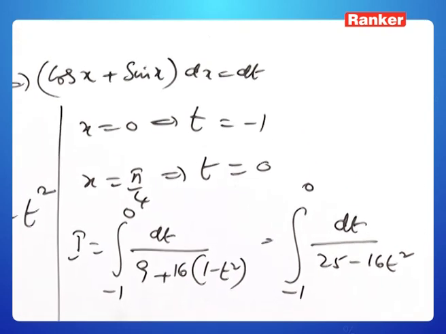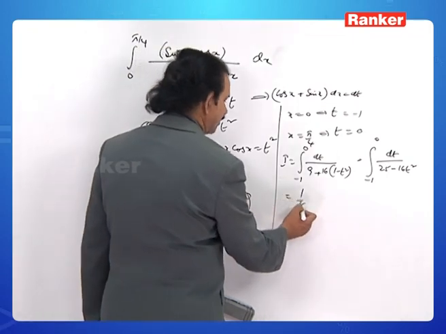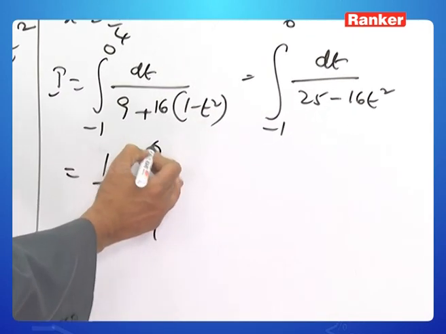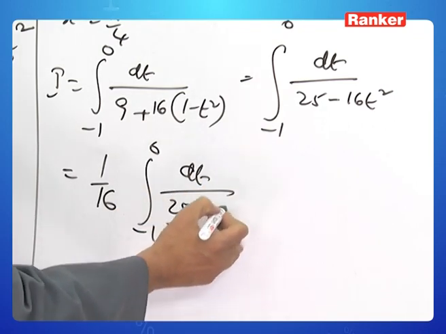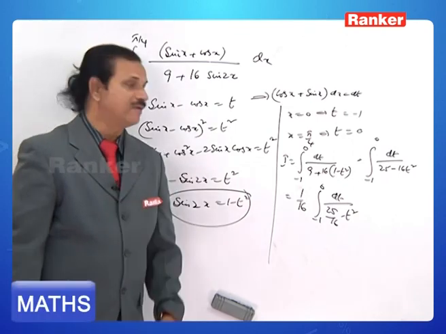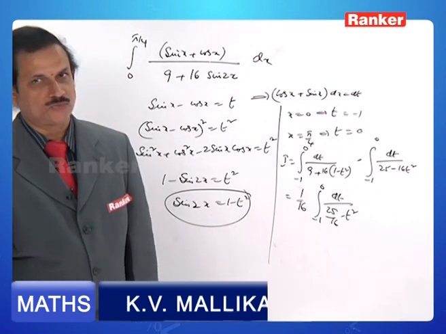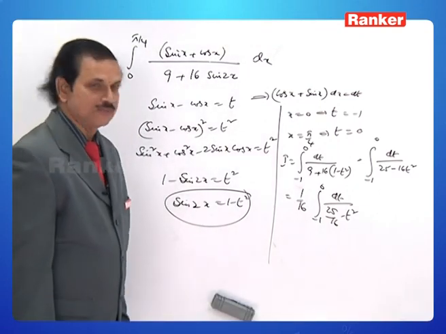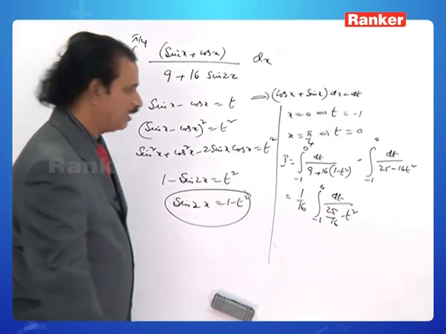It is in the shape of, you pull 1 by 16 out. 1 by 16 into integral minus 1 to 0 dt by 25 by 16 minus t square. This is in the shape of 1 by a square minus x square, and it can be solved by using the formula 1 by 2a log mod a plus x by a minus x.